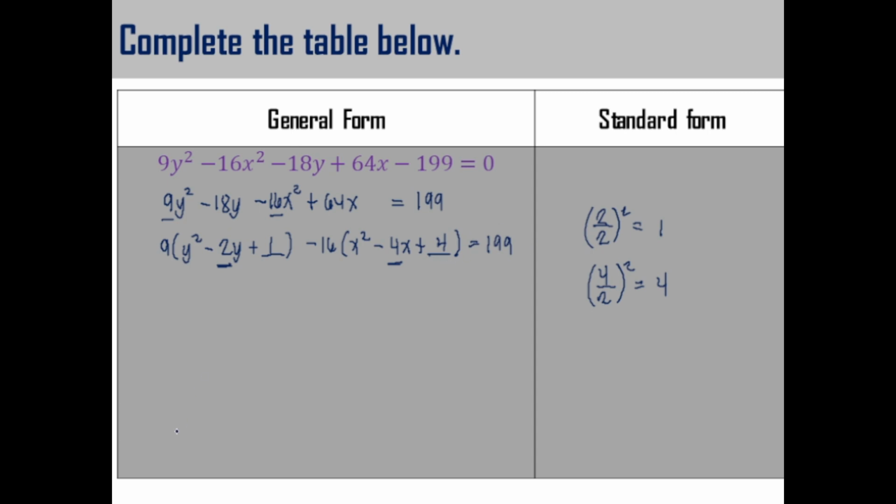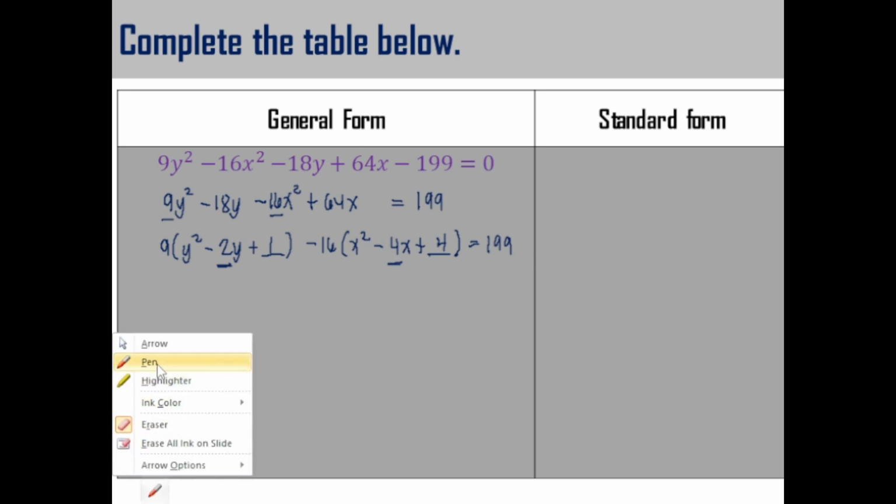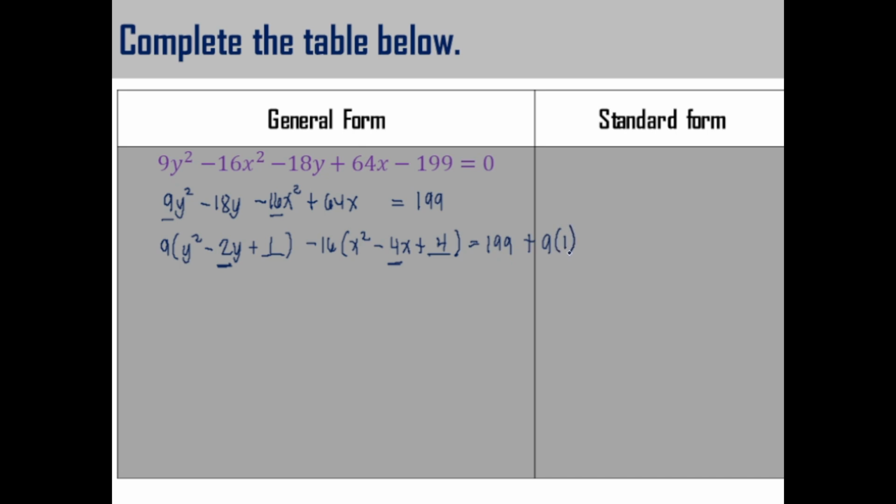So, ibig sabihin, since ito yung equation, kung ano po yung ginawa natin sa kabila, yun din po yung ating gagawin sa ating right side. Okay, so ito ay plus 9 times 1 minus 16 times 4. Okay, so 9 times 1, ito po yun. And then negative 16 times 4.